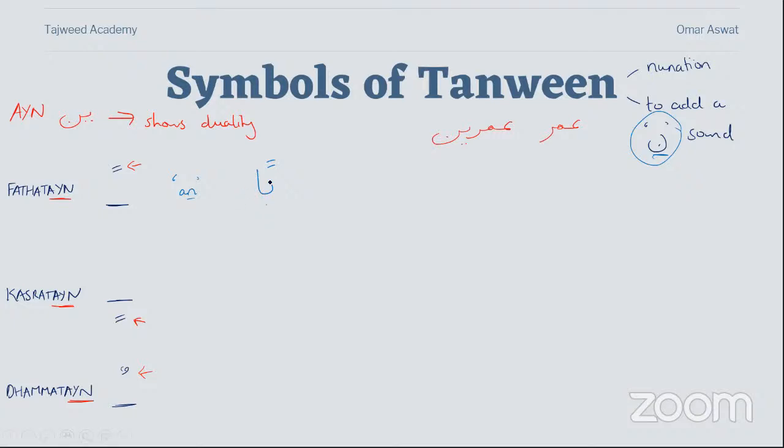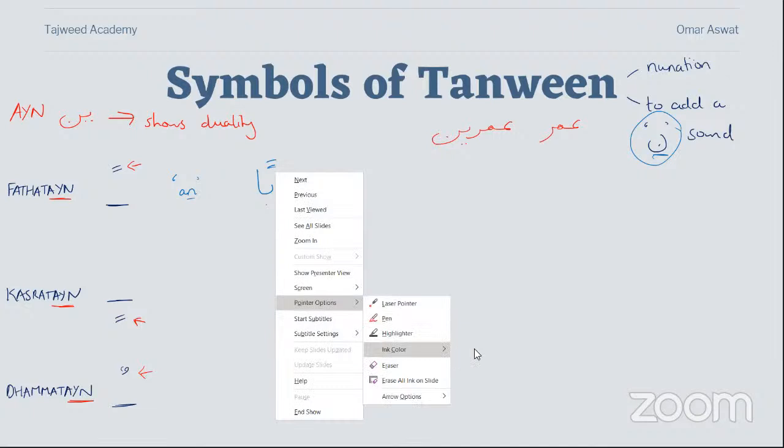Just an interesting point that I want to make, not a rule or anything: any letter with fathatain in the Quran will always be written with an alif. You can try searching for one instance where that's not the case, but it is the case.